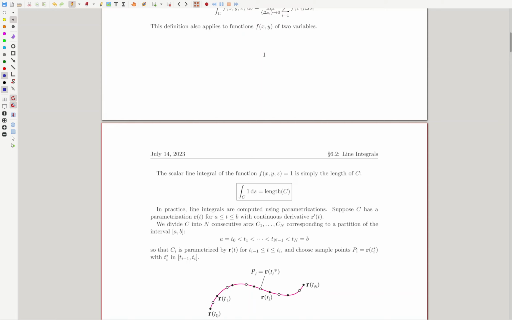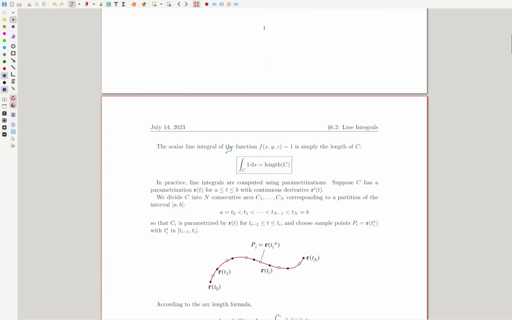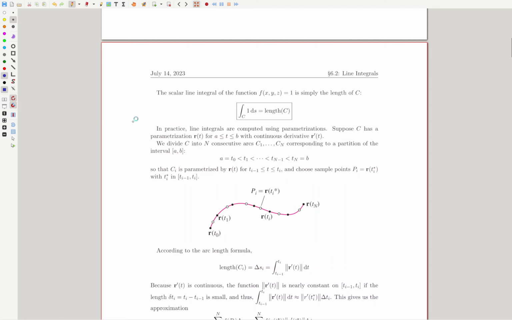And here, where we integrate it over a one-dimensional region, that gives you length, which is as expected. I think that usually when the formula for arc length is taught, it's tied into this. We'll see shortly that the ds is an expression that is part of the arc length formula.